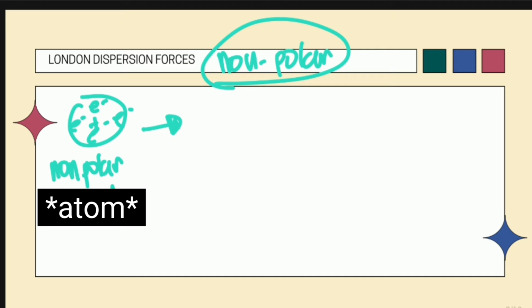As we all know, these electrons are in constant motion. So, ibig sabihin, gumagalaw lang sila ng gumagalaw.